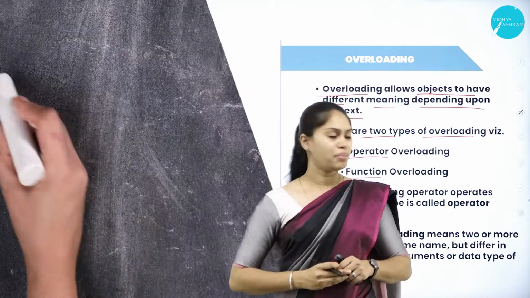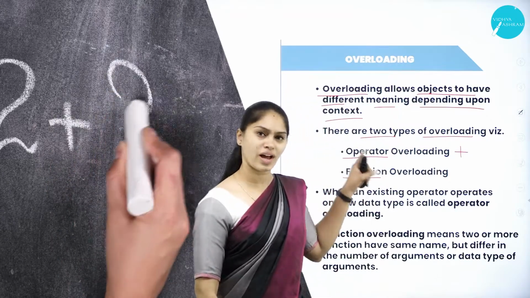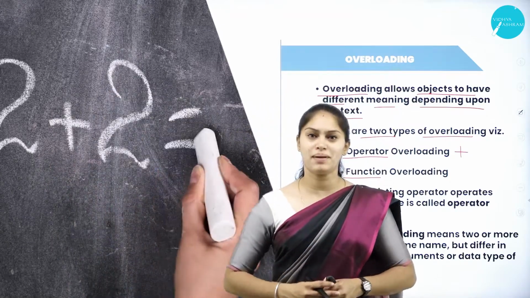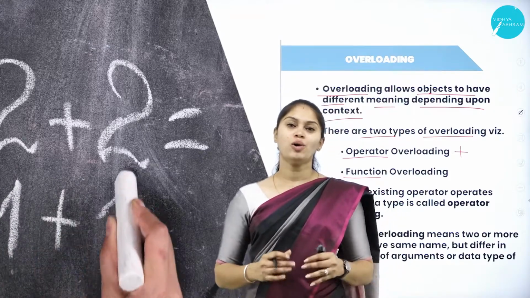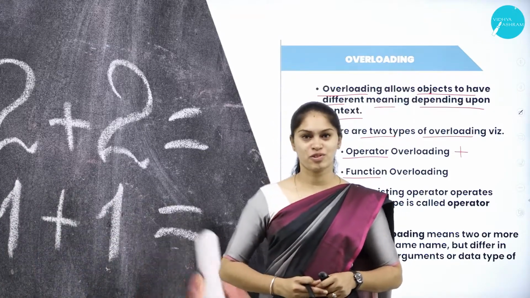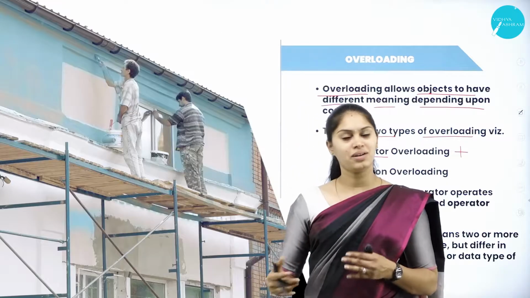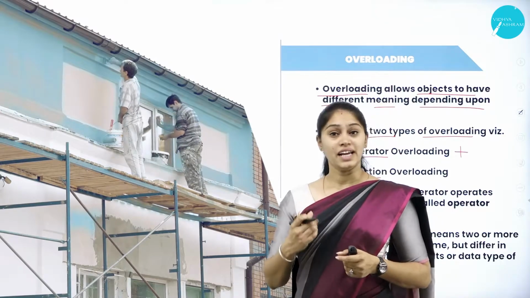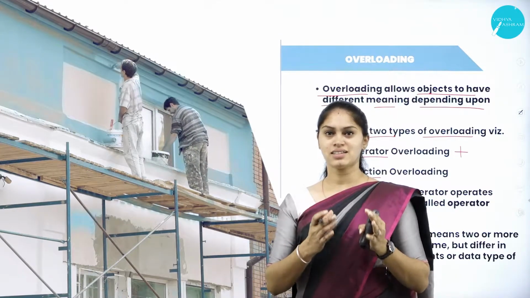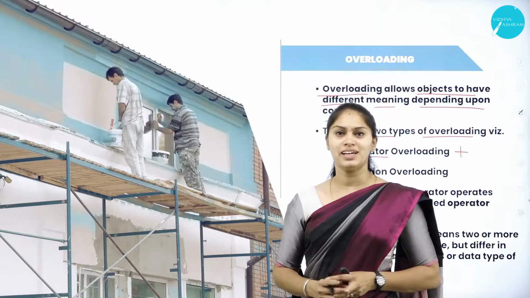For example, consider plus, that is for operator overloading. Why do we use the operator plus? As we all know, it is mainly used to add. What can I add using plus? I can add whole numbers, fractional numbers, and characters, that is single letters, and if it is a group of characters then we call that a string.